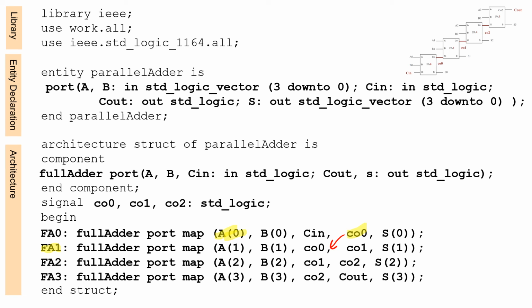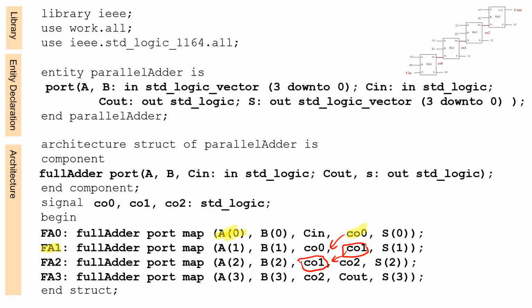FA1 outputs Cout1 and S1, and Cout1 goes as the carry in of the next full adder. So FA2 is full adder, port map A2, B2, Cout1. This is the carry in of full adder 2, which is the carry out of full adder 1. And then we'll continue by placing the outputs of FA2, and these are Cout2 and S2.